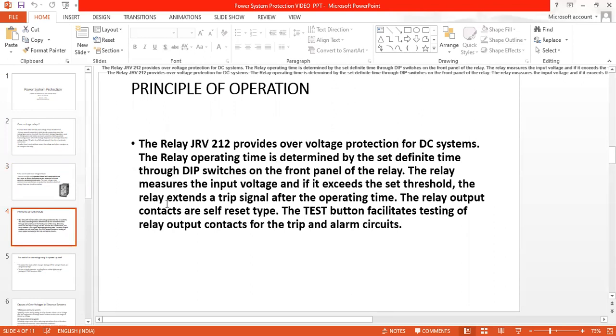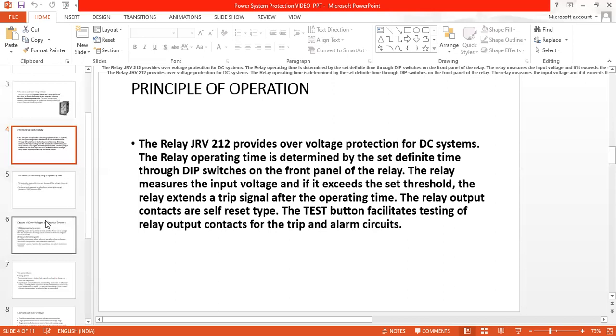The relay operating time is determined by the set definite time through DIP switches on the front panel of the relay. The relay measures the input voltage, and if it exceeds the set threshold, the relay issues a trip signal after the operating time. The relay output contacts are self-resetting. The test button facilitates testing of the relay output contacts for the trip and alarm circuits.